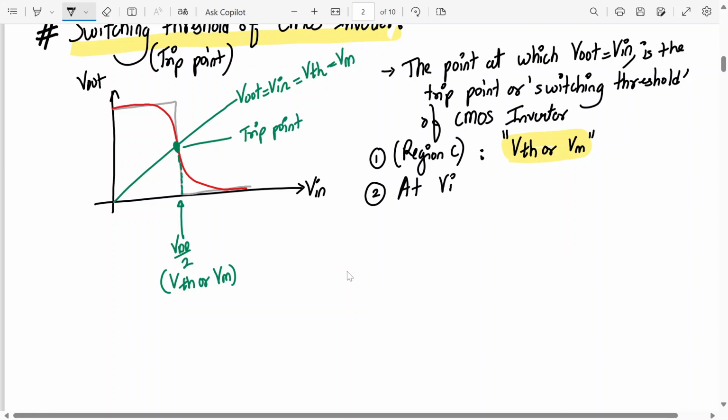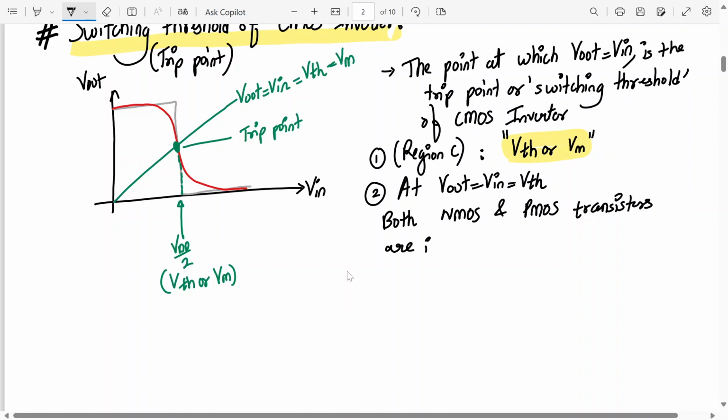At V out equal to V in equal to VTH, both PMOS and NMOS transistors are in saturation region. Okay, and what did we say about VGSN?